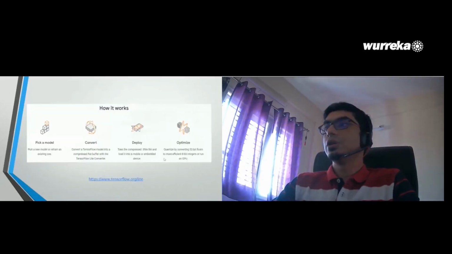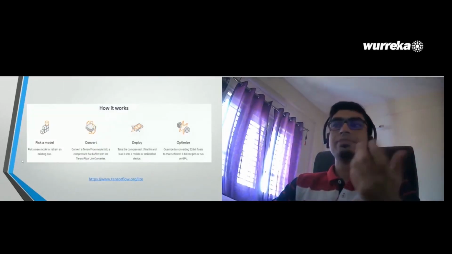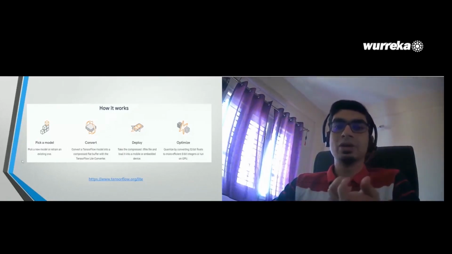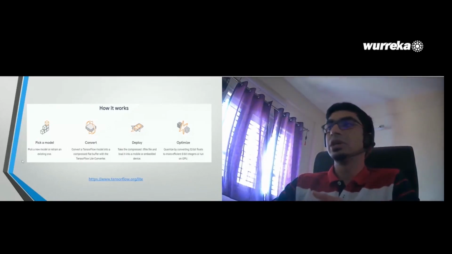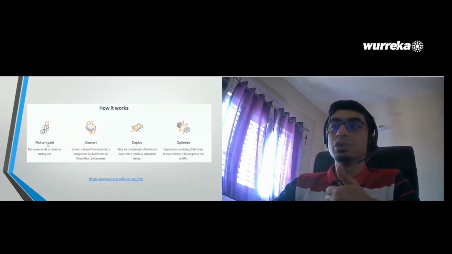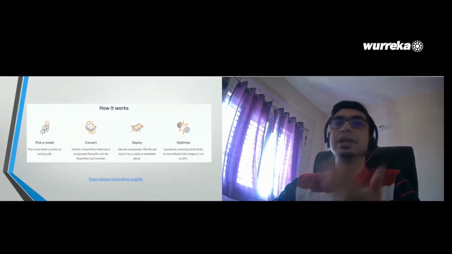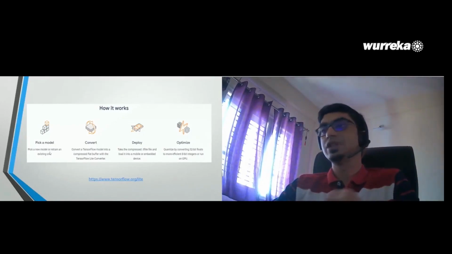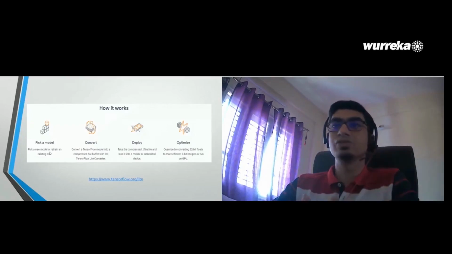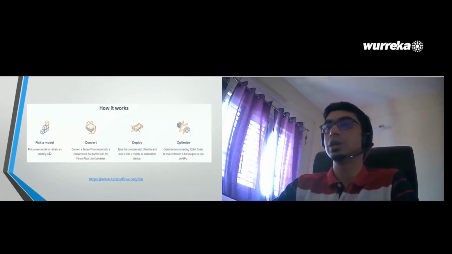So how exactly does it work? As I said, it picks up any particular model which is trained, or maybe we can retrain an existing model also. And when we talk about TensorFlow Hub, some of these models can actually be obtained directly from TF Hub. So instead of training our own, we can just get those models, retrain them on our use cases, and follow the same flow.